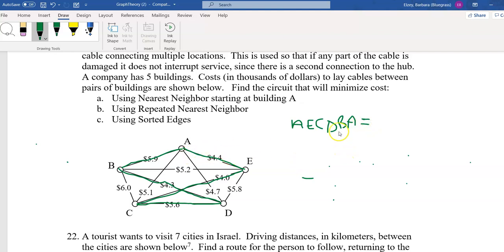But let's go ahead and get the cost here. So let's see. A to E is 4.4. And then we have 4.0. And then we have 5.6.